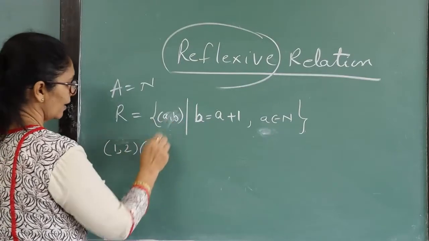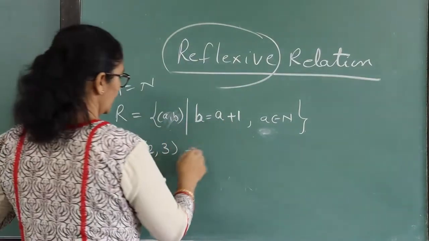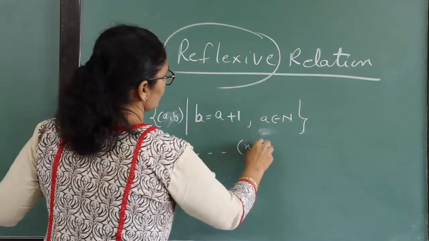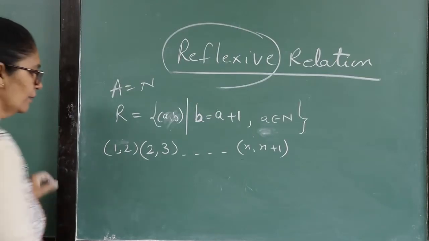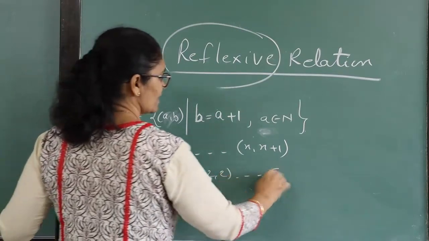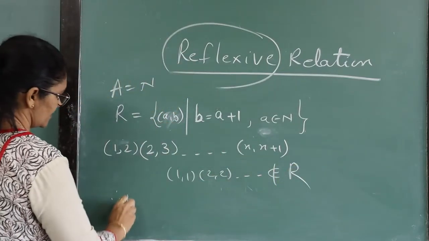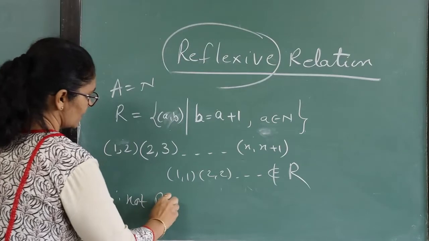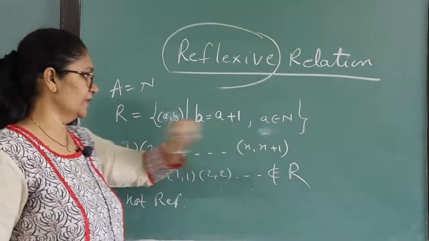When I take A as 2, then B will be 3, because I have taken one more. Now check, do you have 1, 1, 2, 2? All these elements are not in R. What is the meaning of it? This is not a reflexive relation. But this is for your understanding, I have written like this.